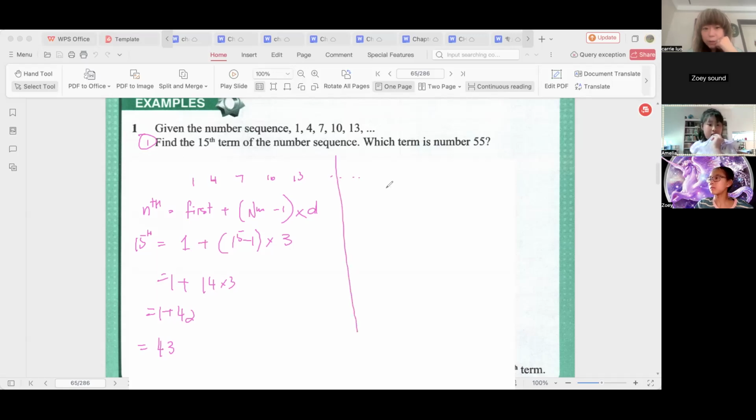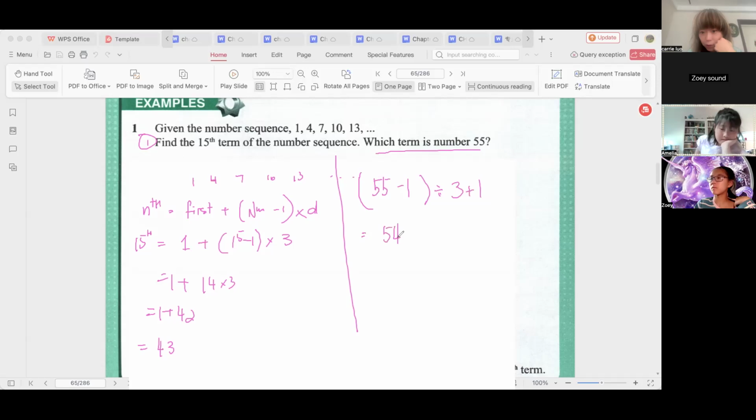Okay, number 2. Which term is number 55? So which one we're going to use? It's calculate the terms. It's the second one, right? So the last one minus the first one divided by differences and plus 1 equals how many terms, right?